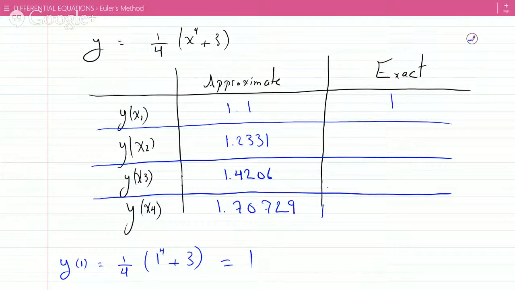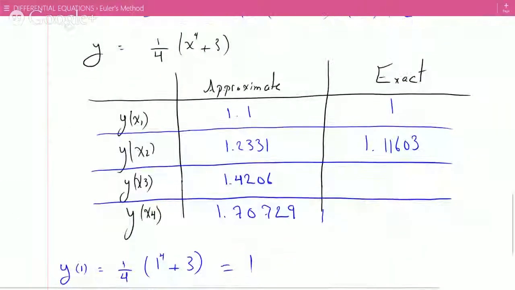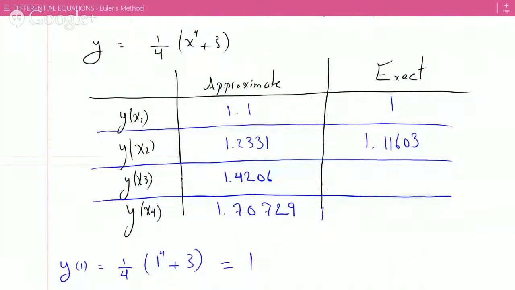So 1.1 to the 4 plus 3 divided by 4. That's 1.11603. And this was 1.2. Right? No. 0.1, 1.2, 1.3, 1.4.